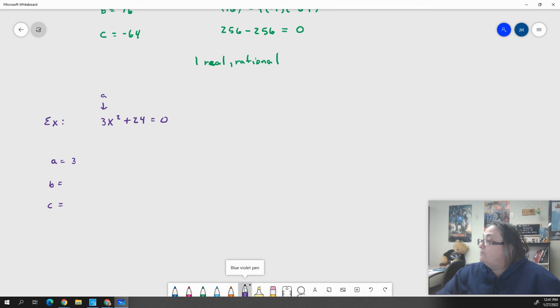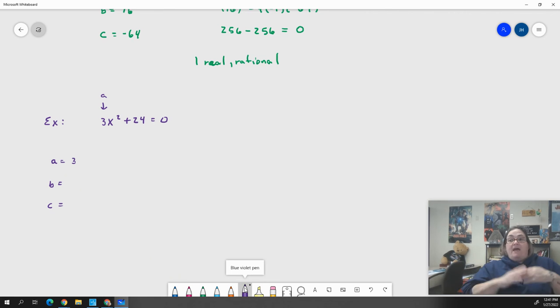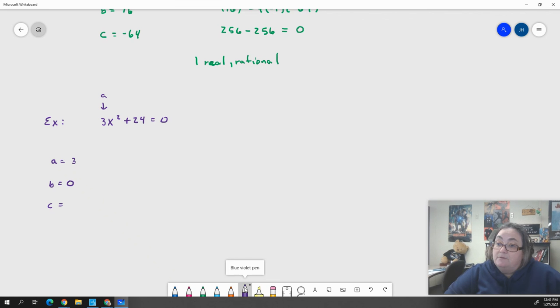Our B is always what's in front of x, and we don't happen to have an x value here. So if I don't have an x, it means I don't have a B value, which means it is just 0. Now our C is that number that has no x or variable attached to it, so our C is just 24.